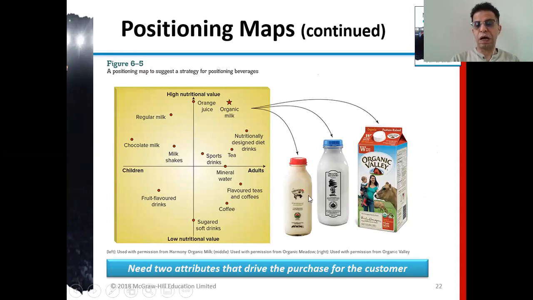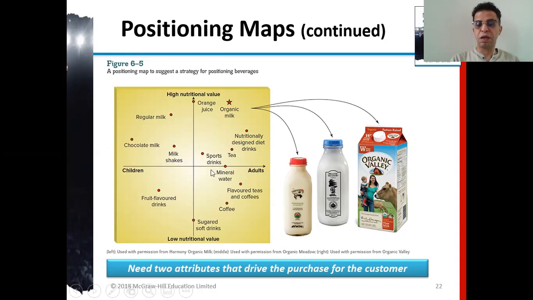We ask some customers and consumers where they think it fits and for whom they buy it. If you ask a consumer who they buy this milk for, and 7 out of 10 say, I'm buying it for myself or for my dad or for my brother, and they are adults, it goes on this side. And if they say, no, I'm buying it for my children, it goes on this side.